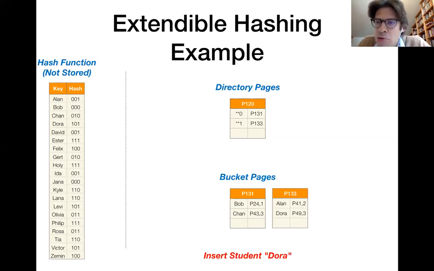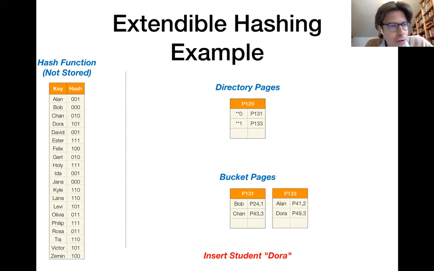I needed to distribute the old entries on page 131 and the new entry, student Dora, that I have just inserted. And you see, for instance, Bob has a hash value of 000, so it ends with a 0, and that means we put it on page 131, while Alan has a hash value of 001. So we have to put it into page number 133.